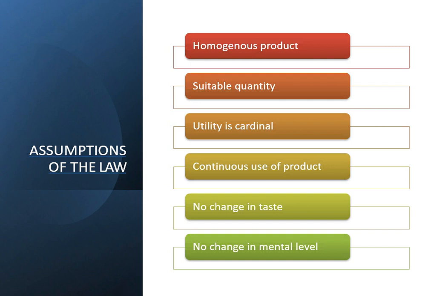So in this way this law will not be true. For the true occurrence of this law, we have to use that commodity continuously, one unit of the good after another.